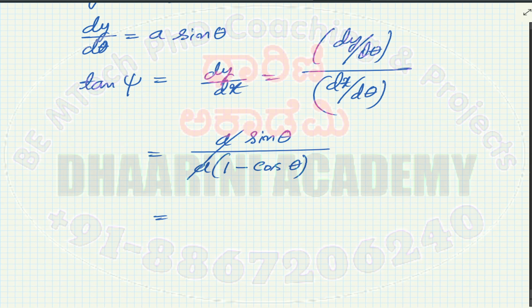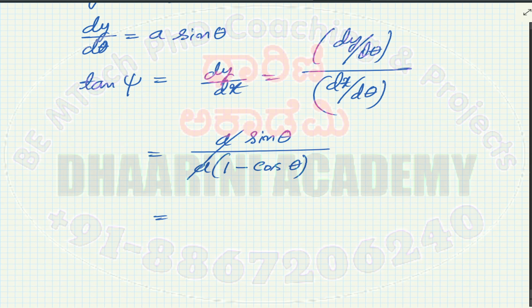Alright, then proceeding further, I need to calculate ds by dx in the next part. So what is ds by dx? ds by dx is nothing but, as per the equation, square root of 1 plus dy by dx the whole square. If I go back and check, dy by dx is cot of theta by 2.